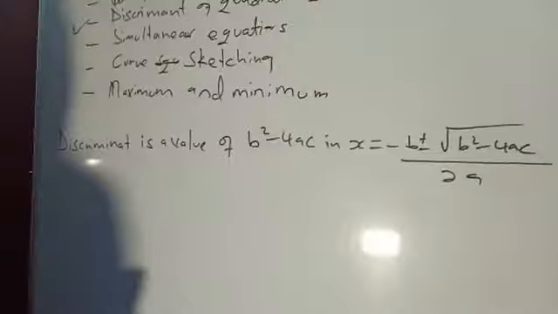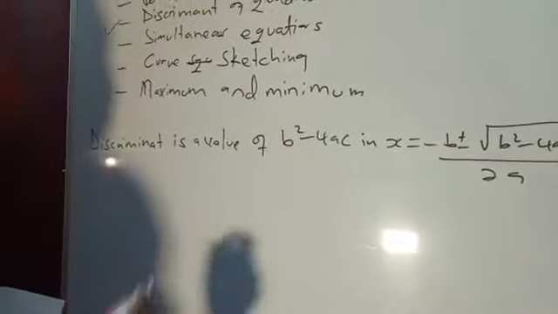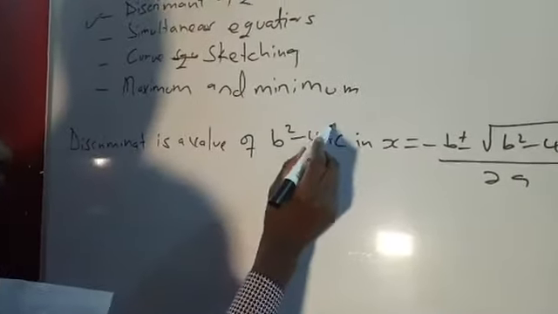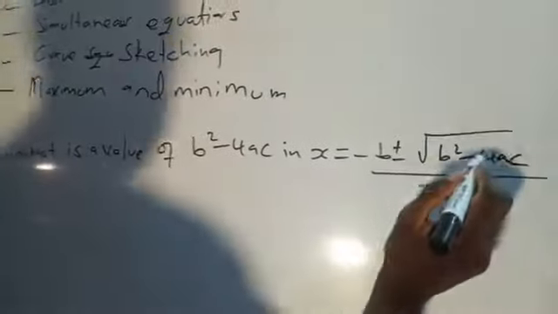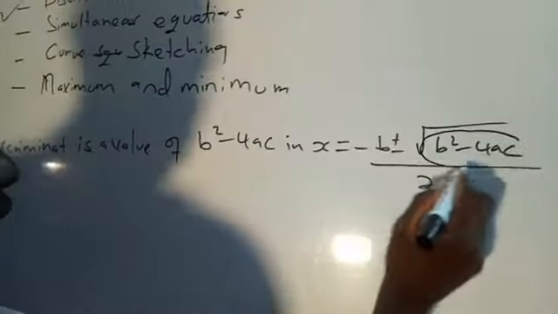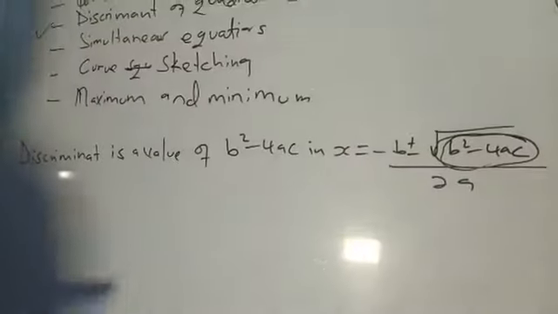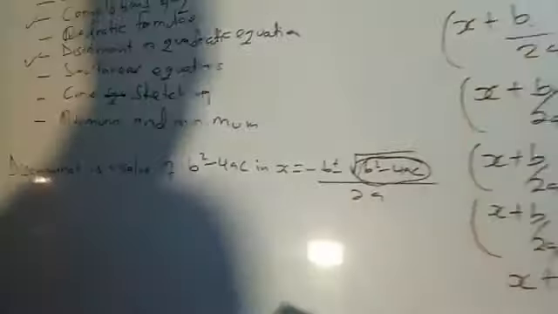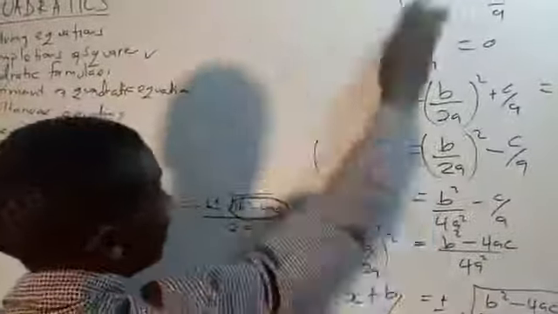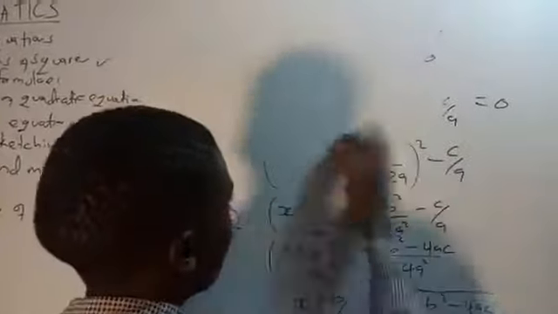So a discriminant is a value of this only. So let's see it.